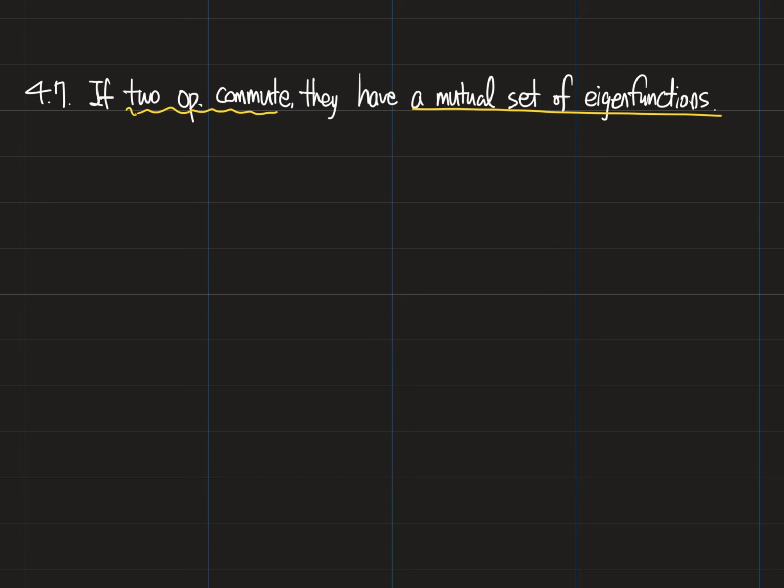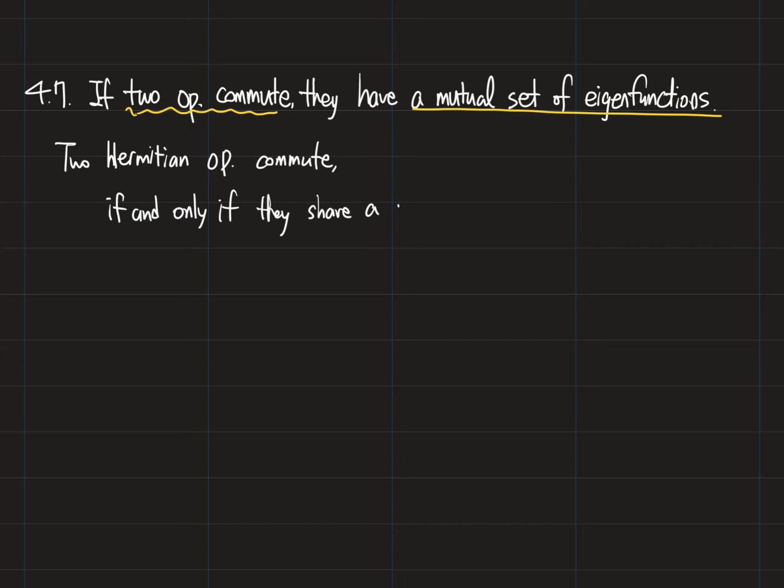So the core principle is a two-way relation: two Hermitian operators commute if and only if they share a complete set of mutual eigenfunctions.